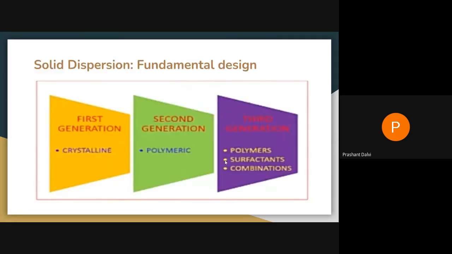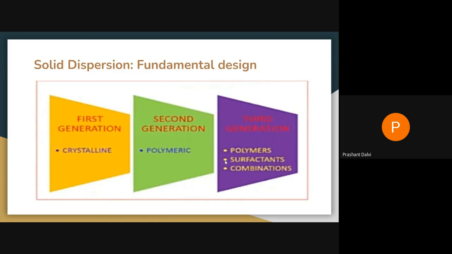There are different types of solid dispersions, classified based upon the polymer used. First generation solid dispersion, here crystalline polymers are generally used, such as urea and different types of sugars. Second generation, here polymeric or amorphous forms of polymers are generally used.